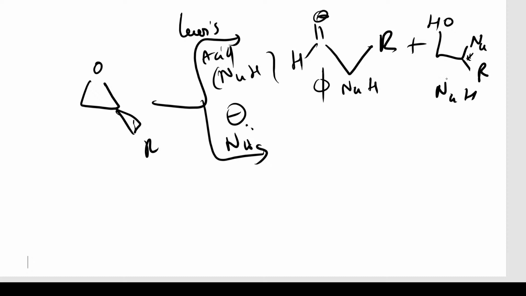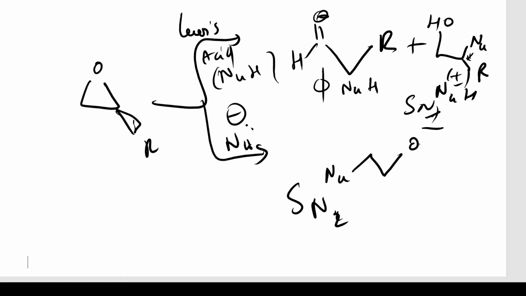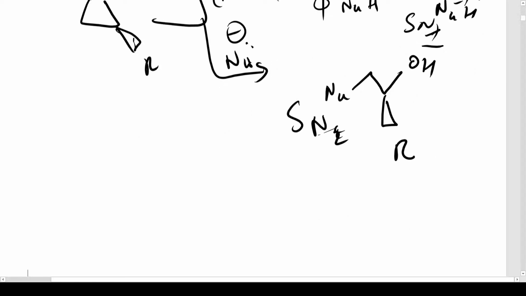Here you have the mixture, because it's an SN1. Here it is an SN2. So if you have an acid, you form the most stable carbocation. With a nucleophile, you attack directly in a direct SN2 with inversion of chirality.